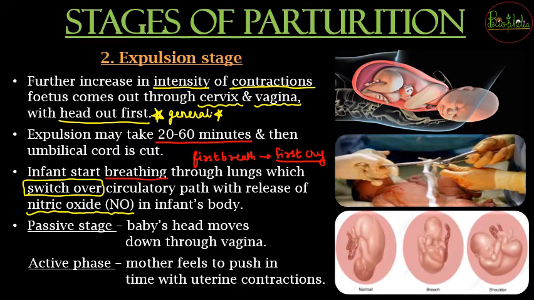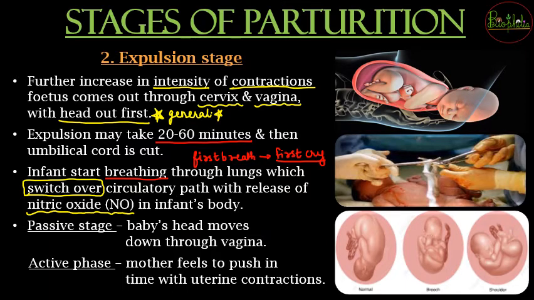So what were the lungs earlier? The fetus's lungs, when he was inside the mother's womb, were like a flat balloon. So their linings were completely stuck to each other. Now once the nitric oxide has been released, and the signals have come to use his or her own lungs, all the air rushed into the lungs, and the membranes which were stuck to each other got blown up, and that blowing up is going to be a bit painful.